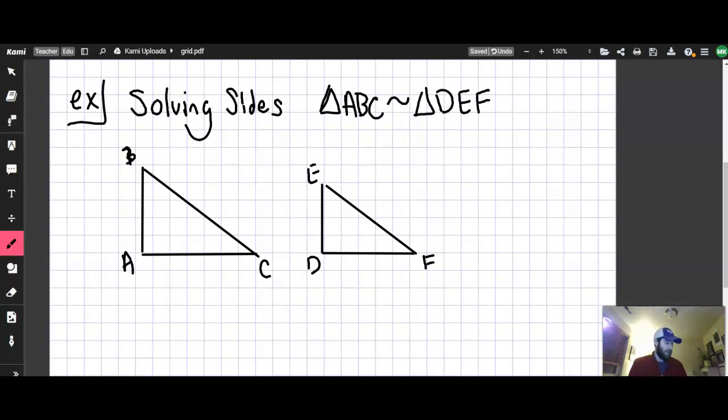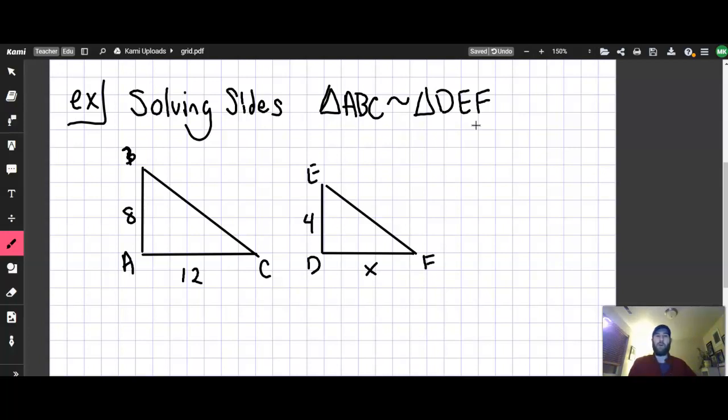Now, ladies and gentlemen, let's go ahead and apply some sides and identify which side we're missing that we need to solve for. So, if I say that this AB is 8, its matching side is 4, I know it's matching because of how it's labeled, AC is 12, and its matching side is X. So, ladies and gentlemen, let's solve.